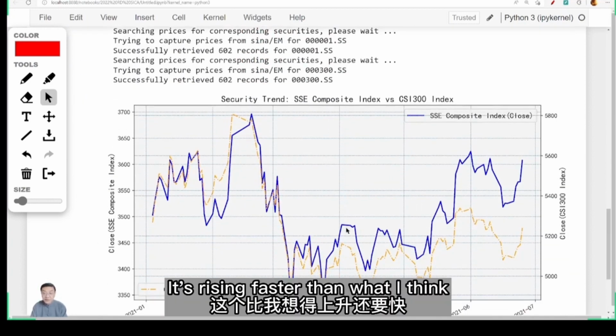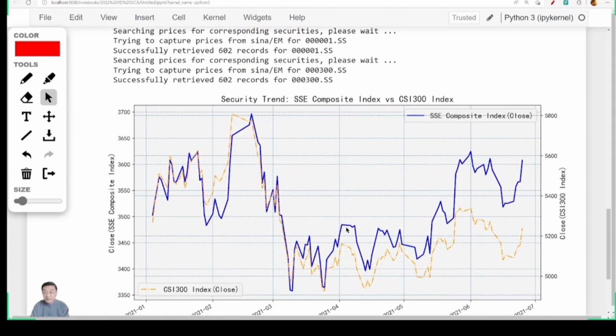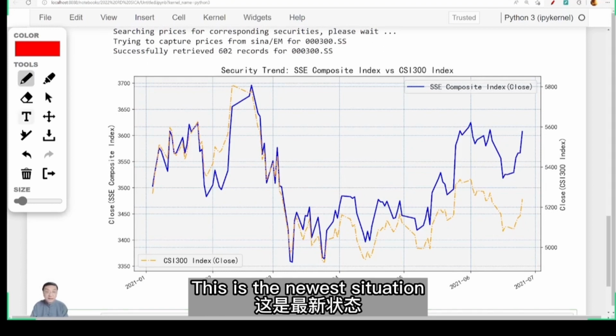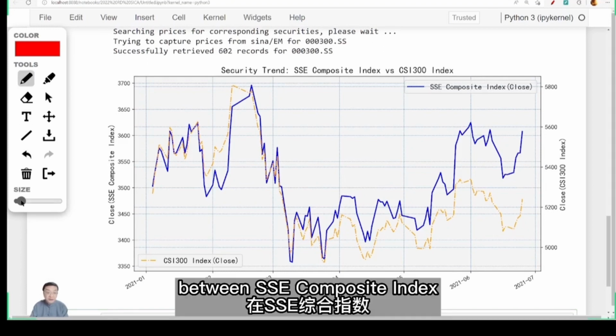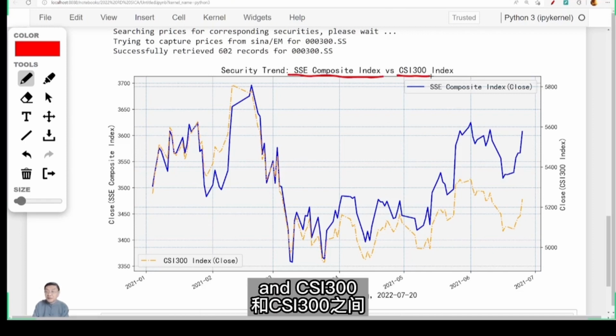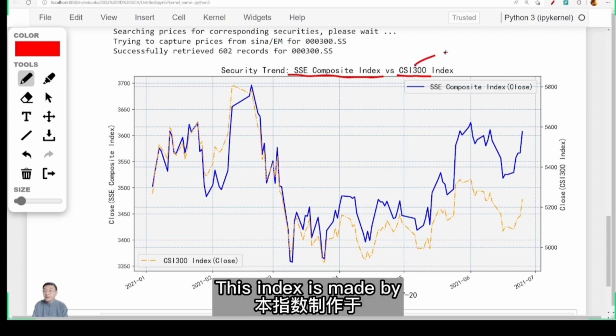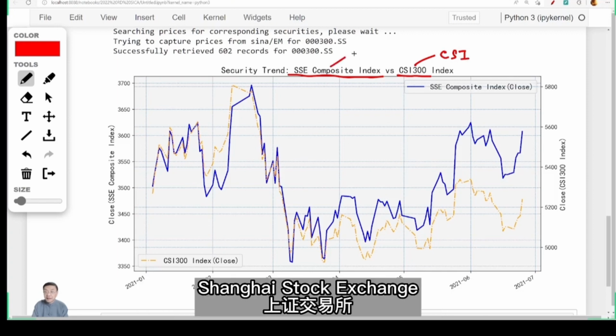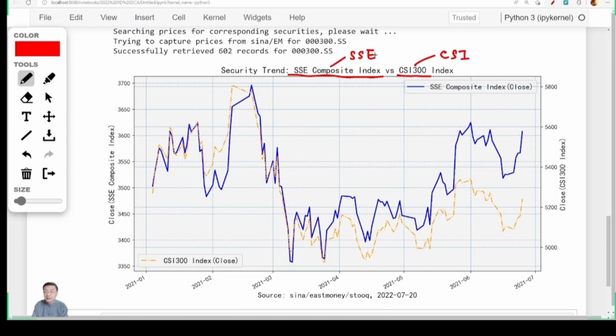It's running faster than what I expected. This is the newest situation between the SSE composite index and CSI 300. This index is made by CSI company, and this index is made by Shanghai Stock Exchange.